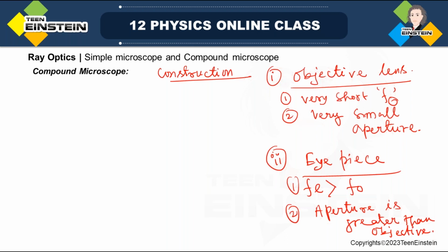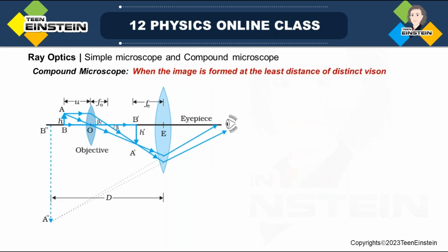Now I'll show you here. See this figure. This is the objective, and it has a small aperture and a very short focal length, somewhere here.